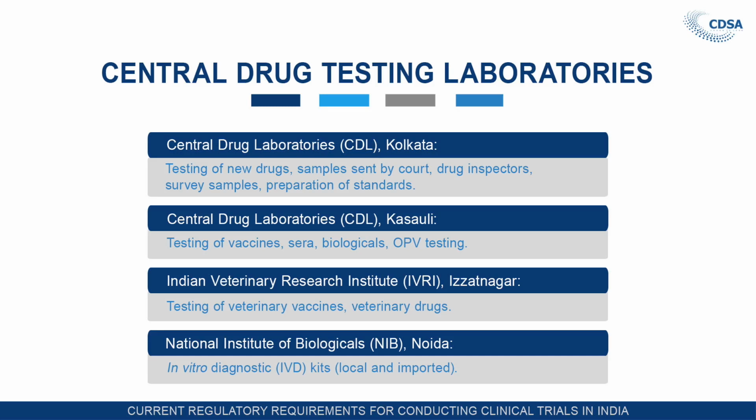As we have seen, the drug inspector will draw the sample for testing and analysis. They can send this sample to CDL Kolkata. Then the survey sample and the preparation of the standard is also the responsibility of Central Drug Laboratory Kolkata.